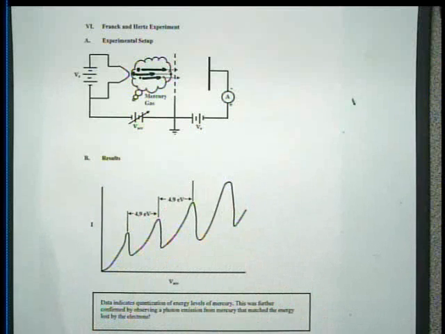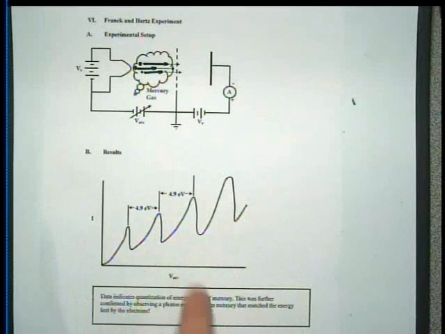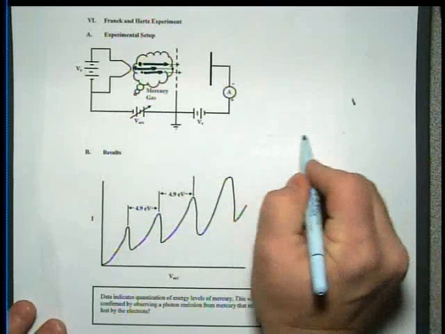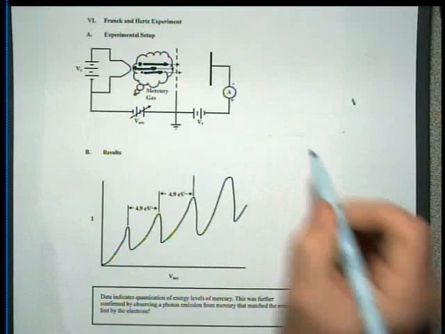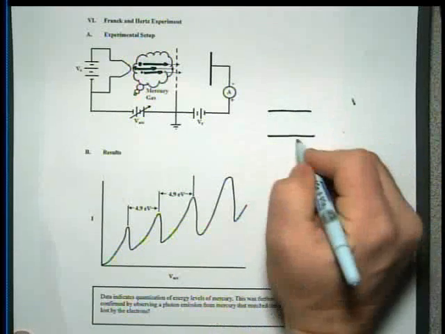Now what's happening, and how you can verify this by looking at the lines that are emitted, which happen to match this energy, is that as the electrons go through the gas, they originally don't have enough energy to excite this mercury atom.